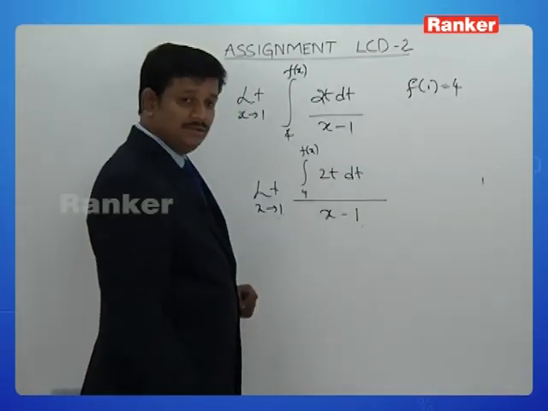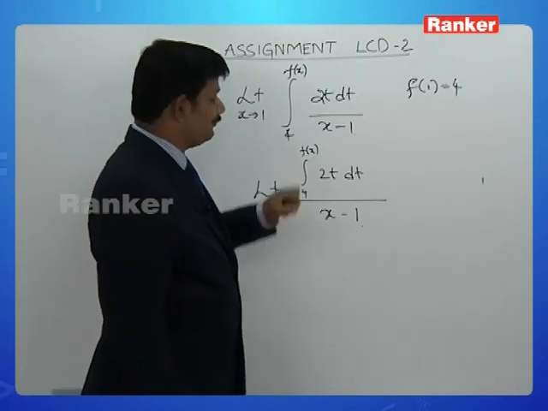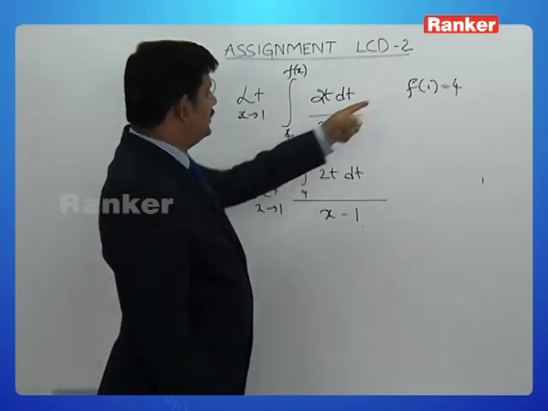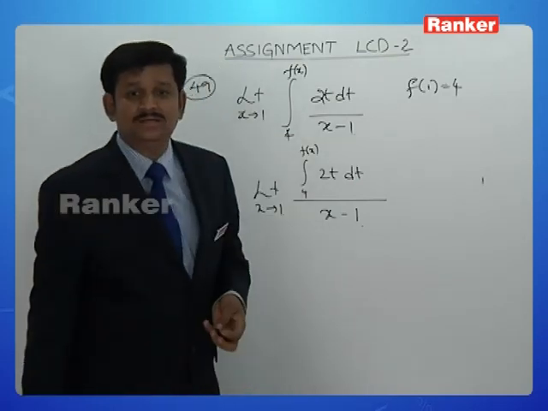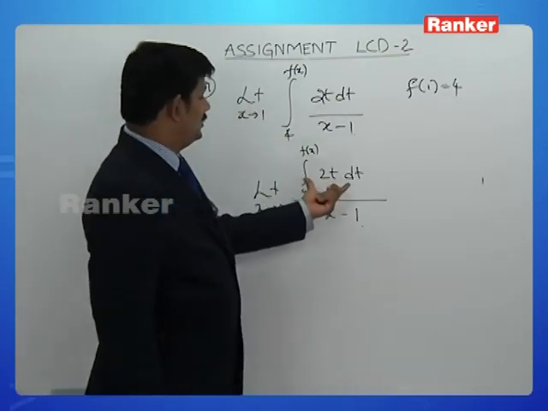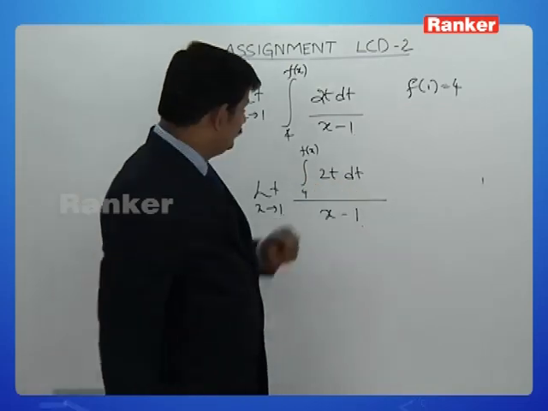As x tends to 1, the upper limit would be f of 1, and f of 1 is given to be 4. So, the integral from 4 to 4 is a point integral which comes out to be 0.